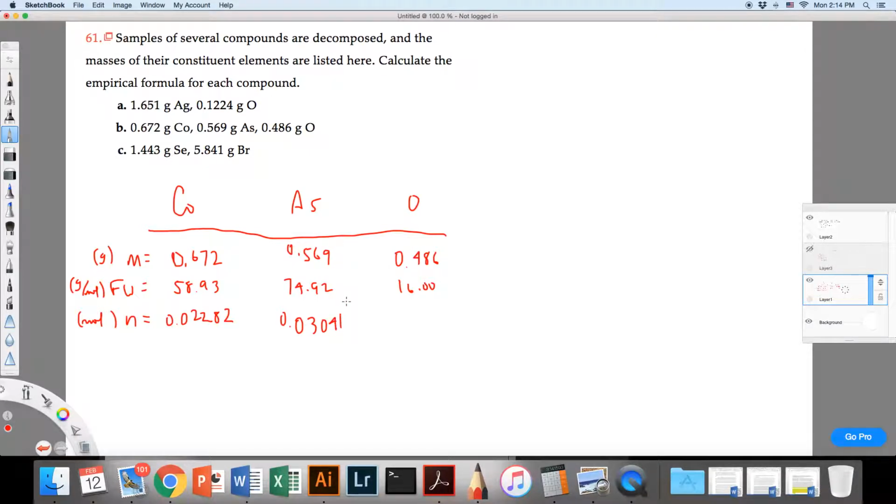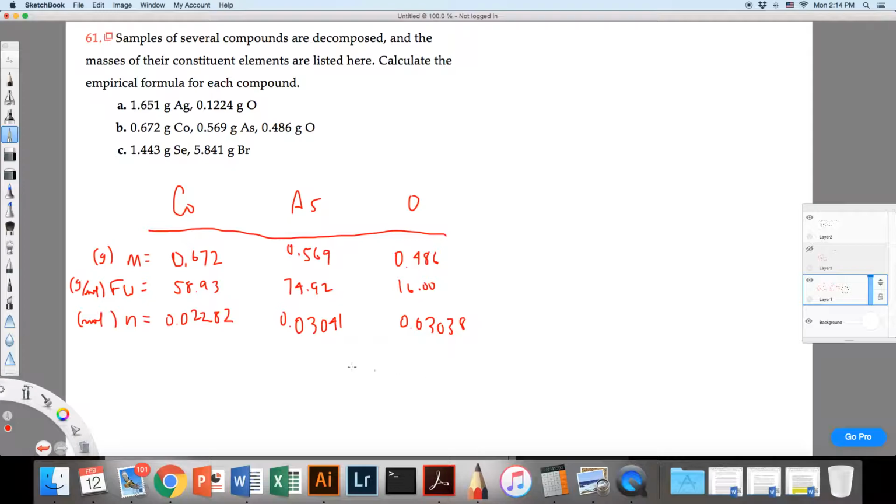Let's put 4 sig figs in each one. That ought to be enough. And then oxygen's 0.486 divided by 16.00. This comes out to be 0.03038. You can see these two are going to be the same, right?